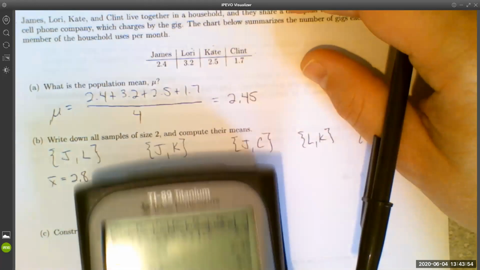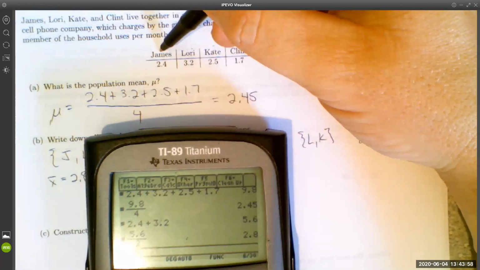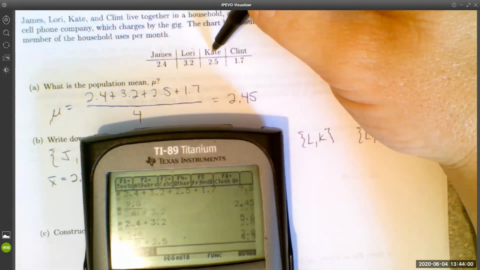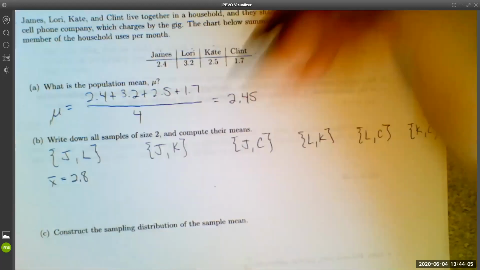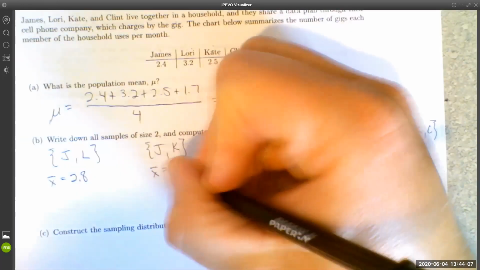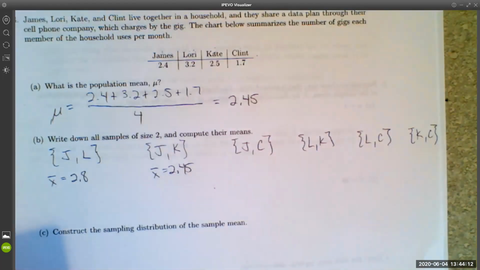For James and Kate, same deal, right? We're going to say 2.4 plus 2.5 divided by 2, and that equals 2.45. So I'll let you go ahead and work out the rest of them. I'll race you.